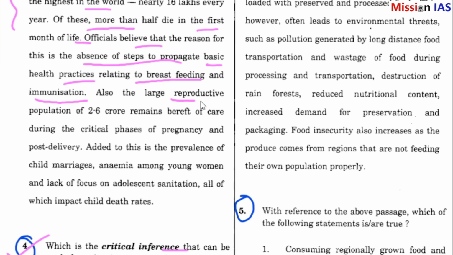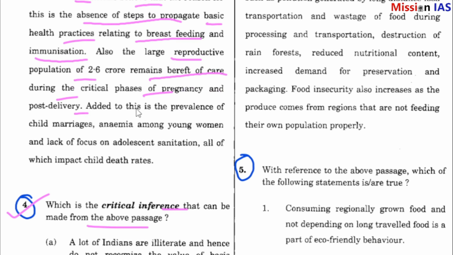Also, the large reproductive population of 2.6 crores remains bereft of care during the critical phase of pregnancy and post-delivery. Added to this is the prevalence of child marriages, anemia among young women, and lack of focus on adolescent sanitation, all of which impact child death rates.